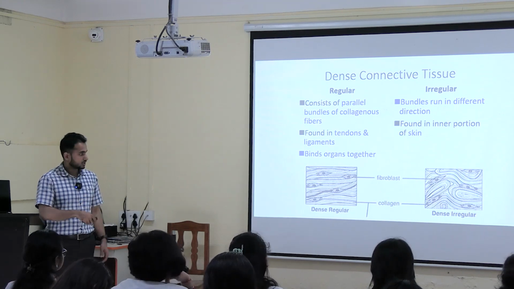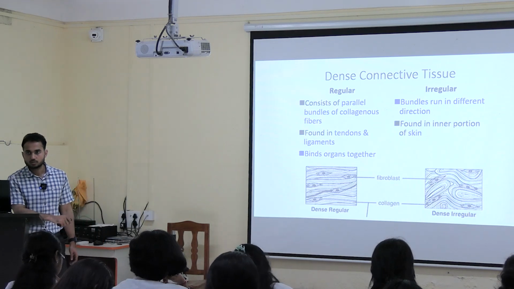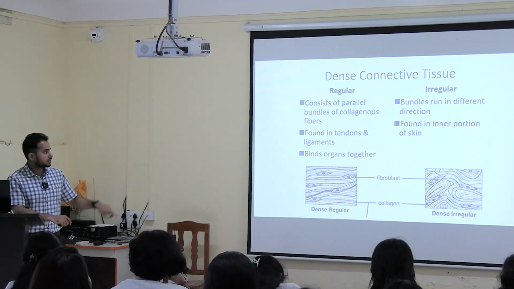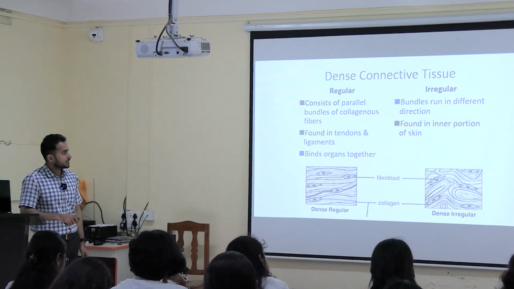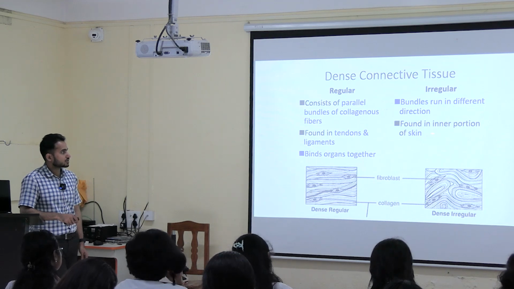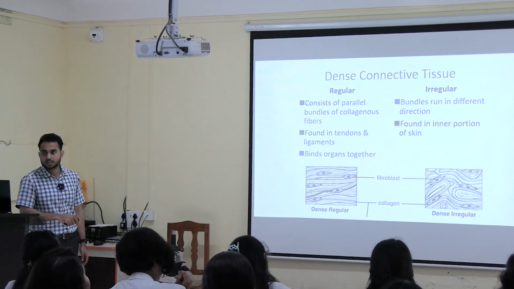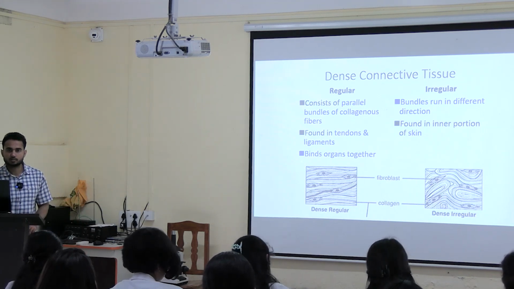Here they are irregularly arranged, mainly interwoven. That is the difference between dense regular and dense irregular. These are found in the dermis of the skin, in tendons, ligaments, and also in the capsules of the synovial joint.